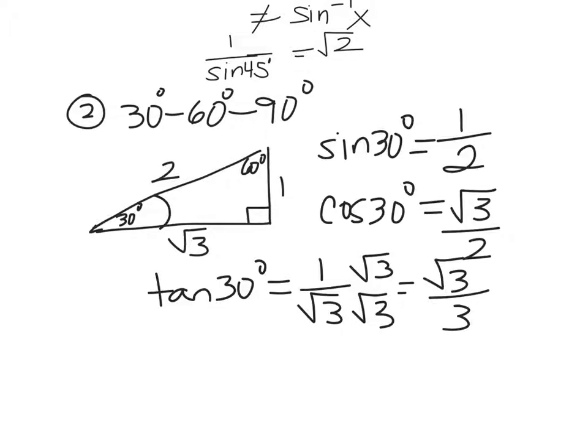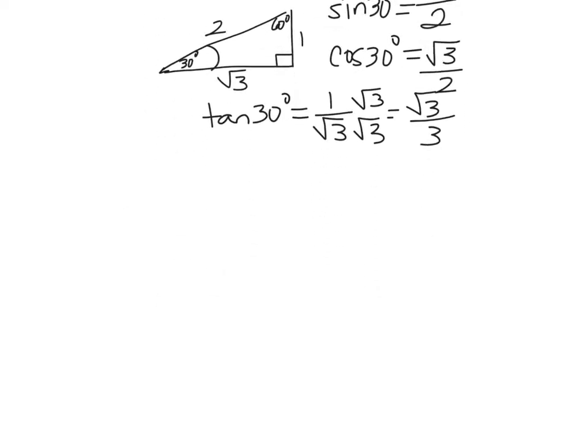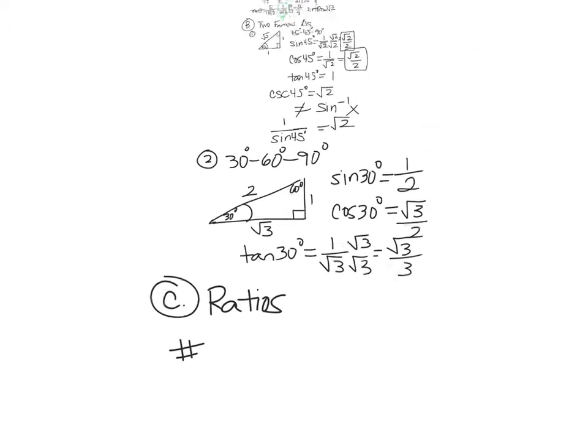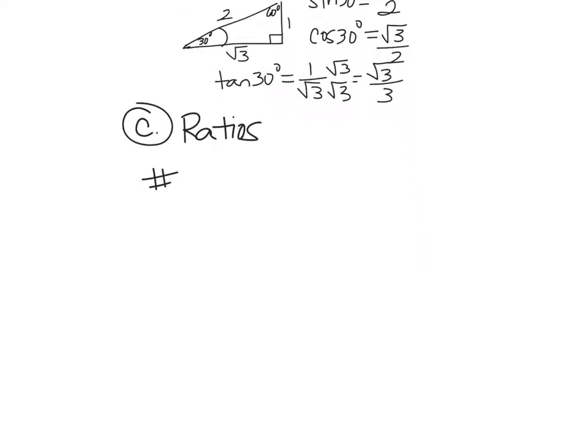Okay, here we go. Part C. All right, it says here that we're going to use some ratios to find all the 6 trig functions of a triangle. So it says, number... what are we on? Oh, 2? I didn't label those last ones.